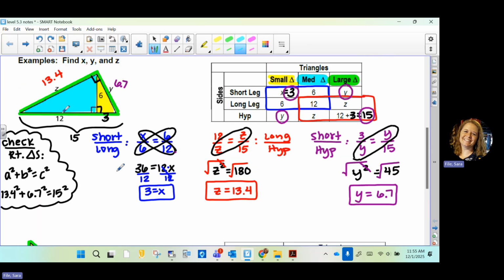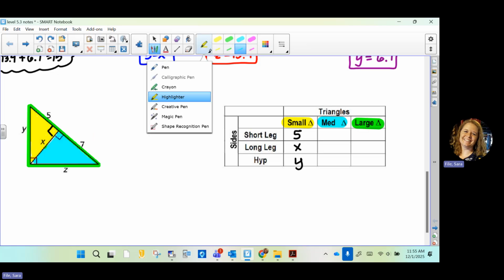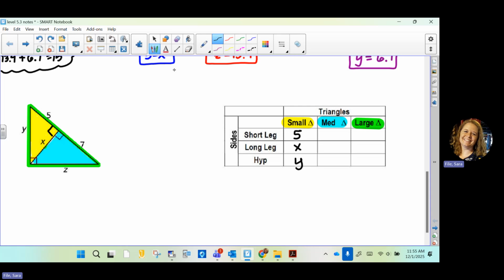When you create that longer side of the hypotenuse, that's the long leg of the right triangle. So even though the X and the 7, maybe you can't tell by the way it's drawn, the 7 is the longer leg. So the 7 is the long leg, the X is the short leg, and then across from the 90 is the Z, the hypotenuse.